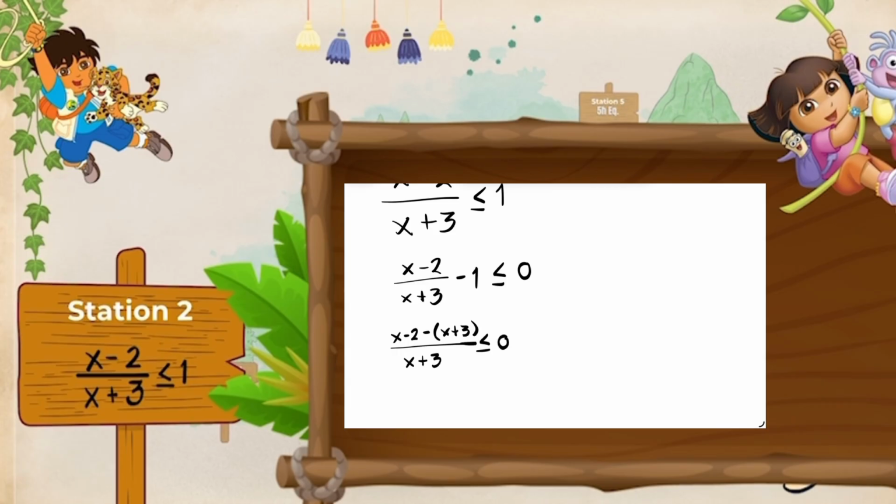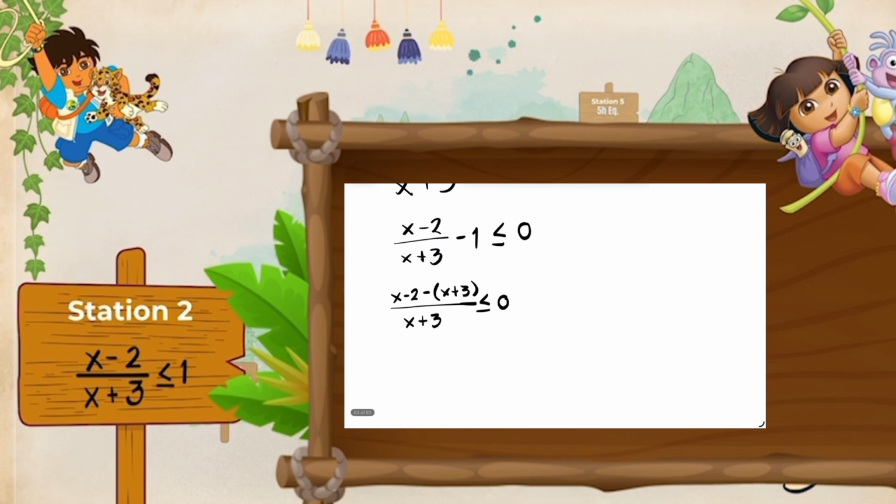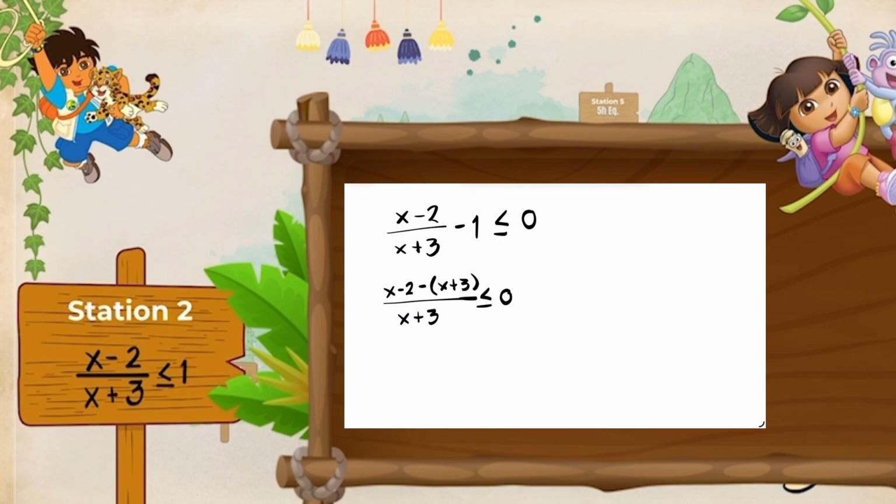Our next step is to distribute the negative sign to x plus 3. So x minus 2, negative times positive is negative x, negative times positive is negative 3, over x plus 3 is less than or equal to 0.